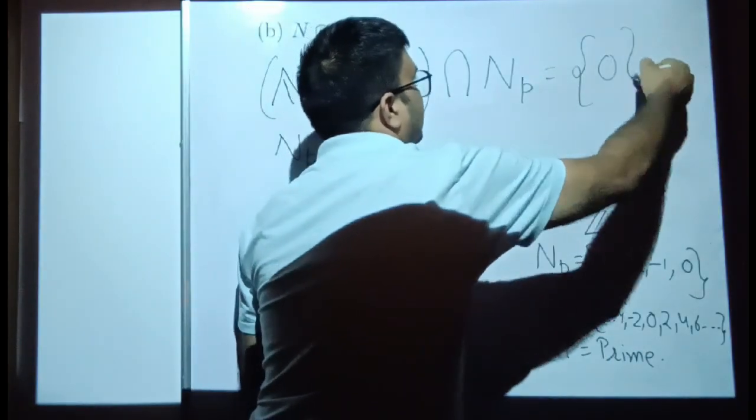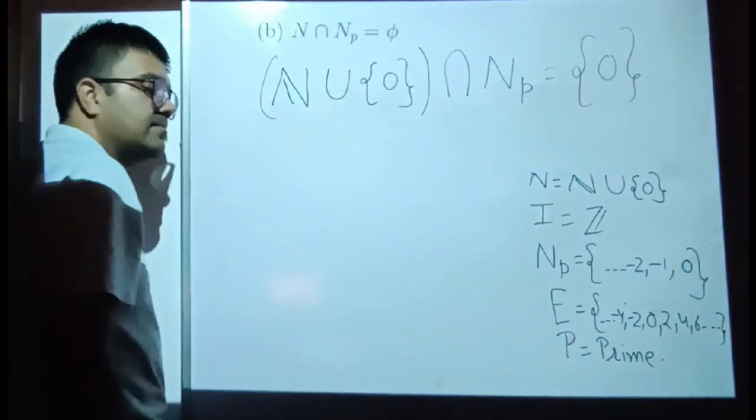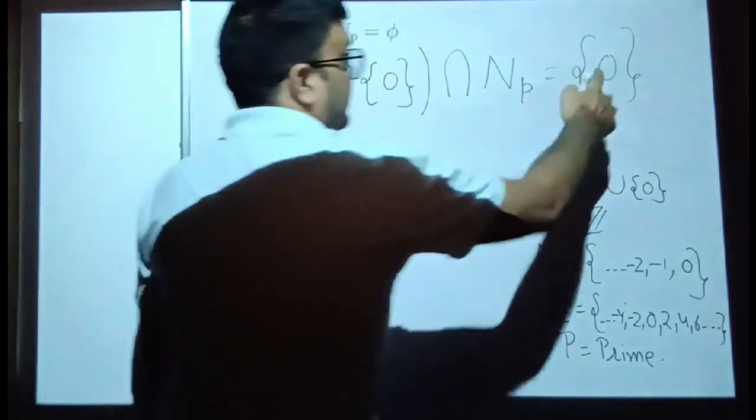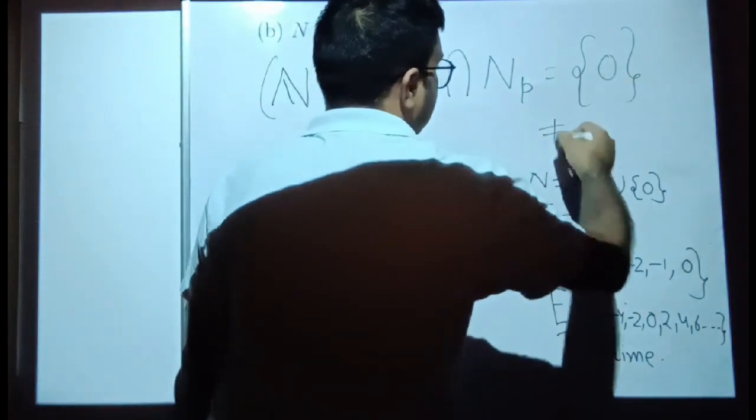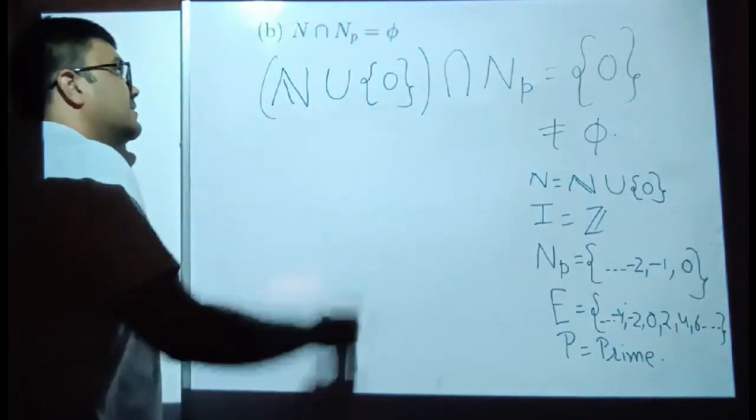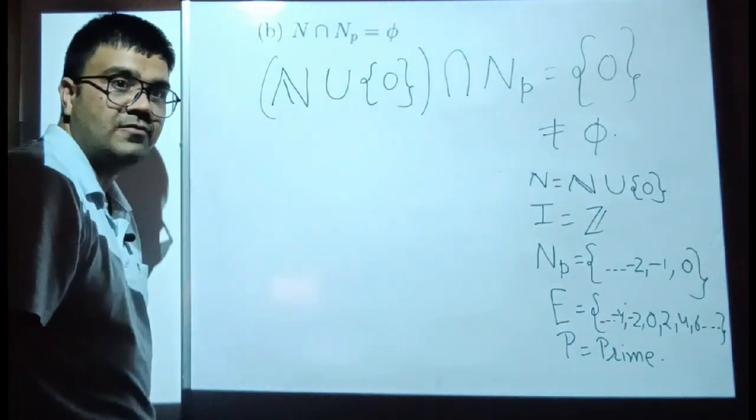The common element here is the number 0. This set contains the number 0, so it is not an empty set, which means this statement is false.